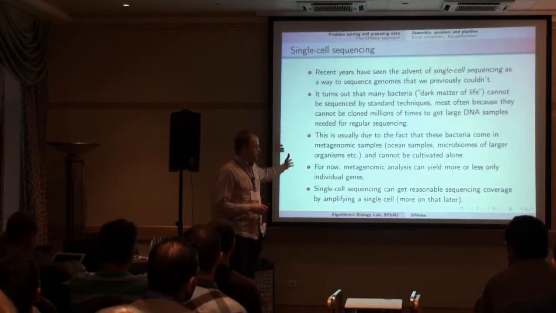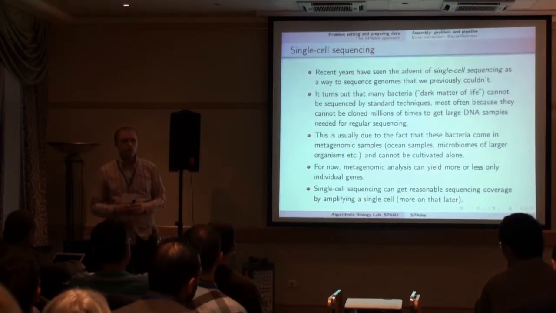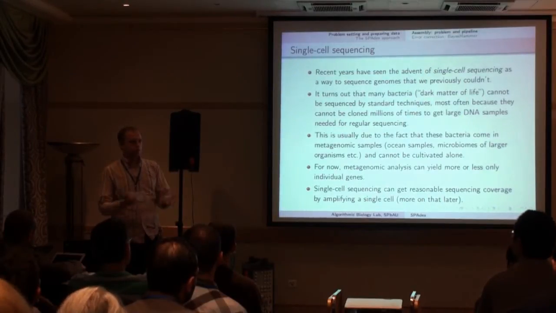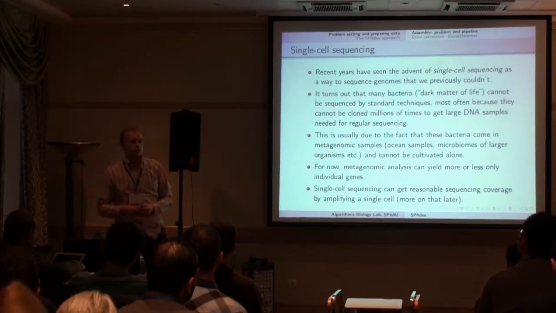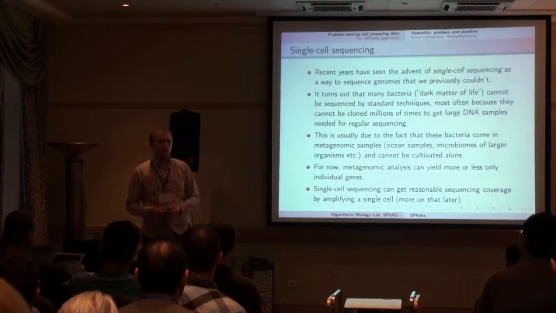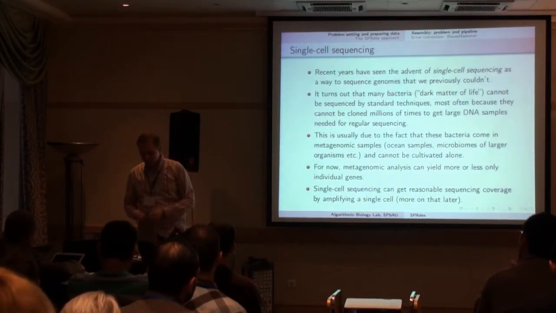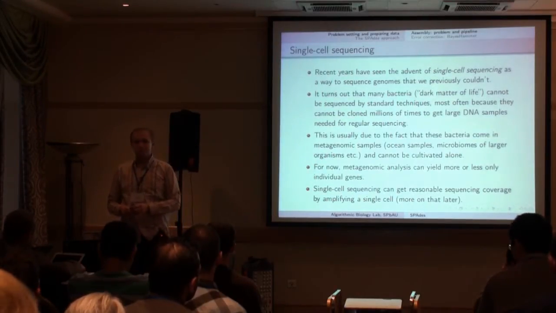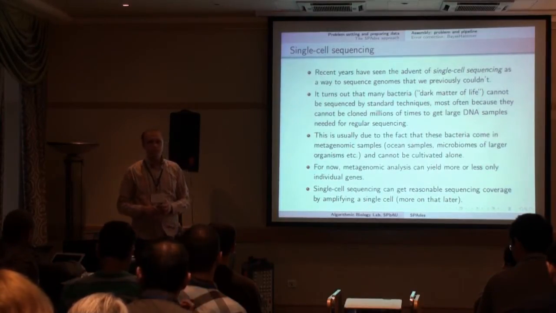And before the advent of single-cell sequencing, all we could do was to look at this sample and try to apply metagenomic analysis. And metagenomic analysis basically doesn't work too well. It does not produce finished genomes, and probably there is not enough information for it to produce finished genomes.